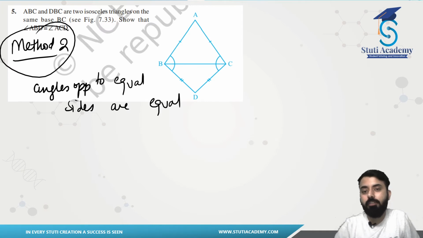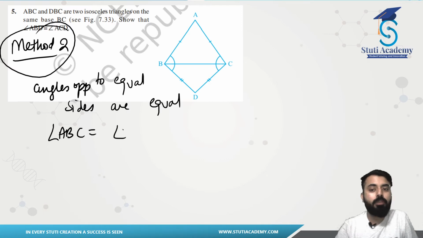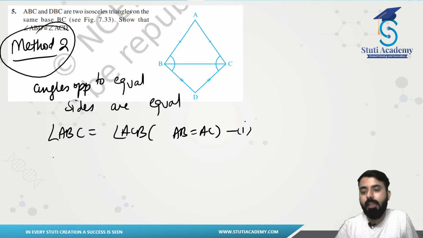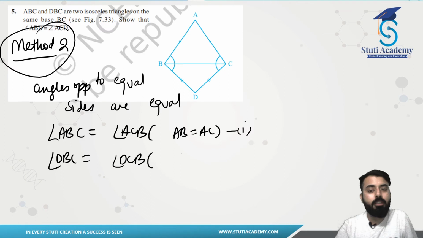So this implies angle ABC is equal to angle ACB, since AB is equal to AC. Mark this your first. And angle DBC is equal to angle DCB, since DB is equal to DC. Right? Mark this your second. Now do what? Add 1 and 2.